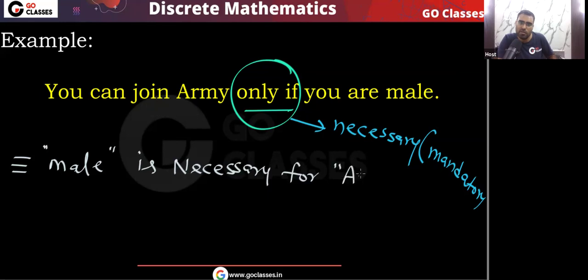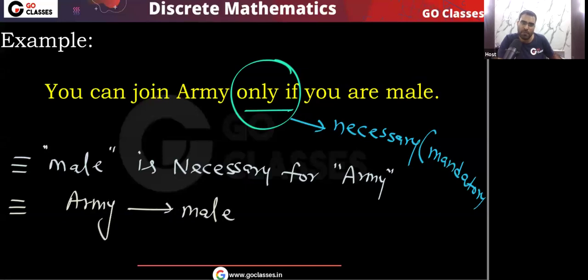Do you agree? So male is necessary for army. And how to write this? Male is necessary for army, you will write as army implies male. It means if you are in army, then definitely you are male. Army implies male. Okay, is this clear?